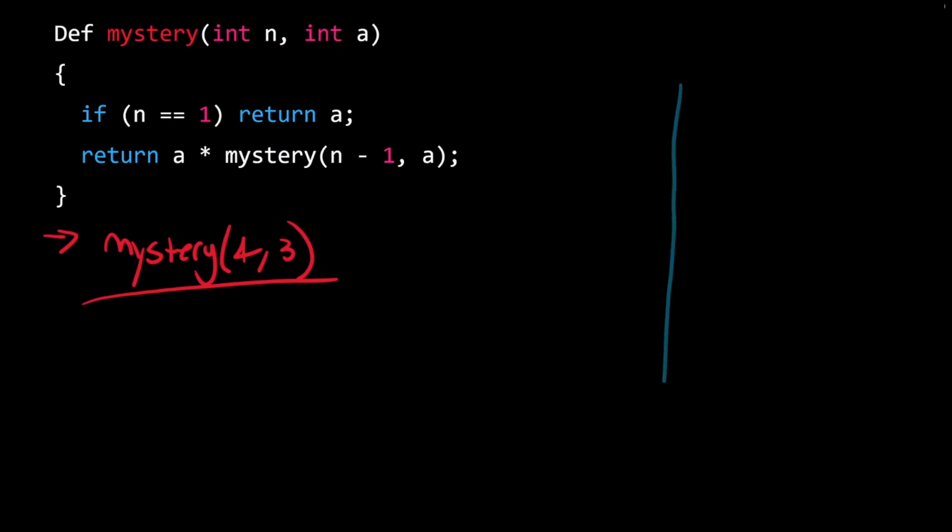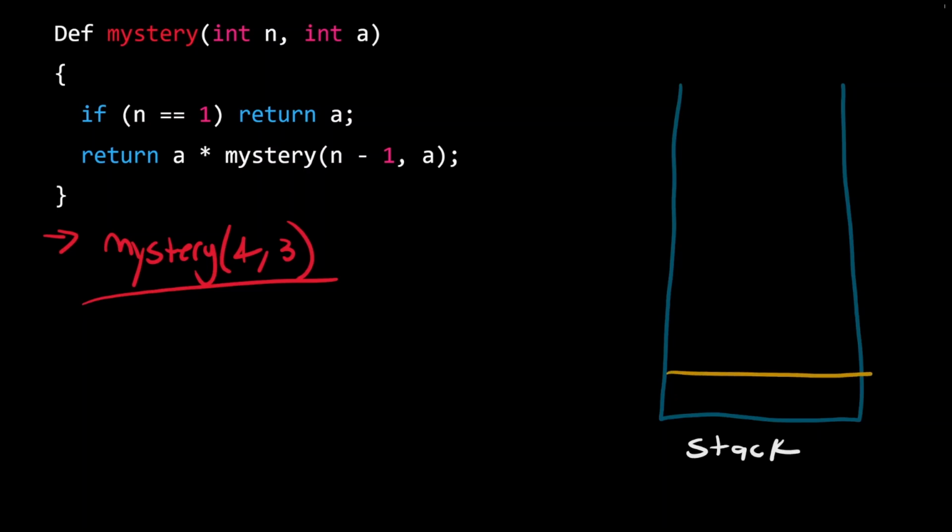Let's open up a stack and draw this out and work with it. So this is our stack. And we know our first call is going to be mystery 4, 3. We're going to work our way down, and we say, okay, n is not equal to 1 here.